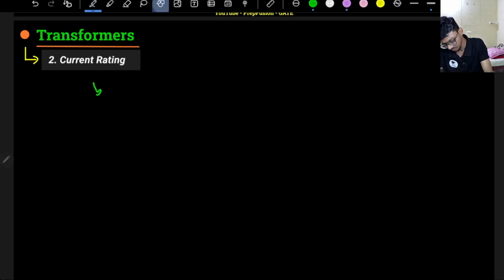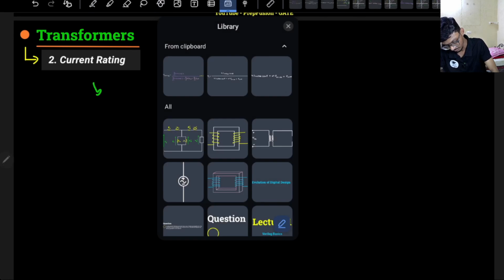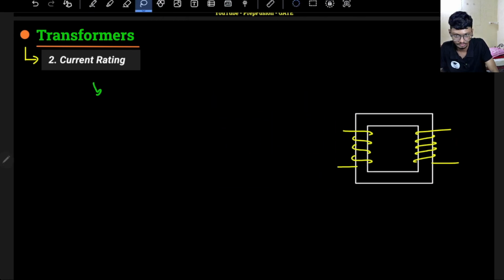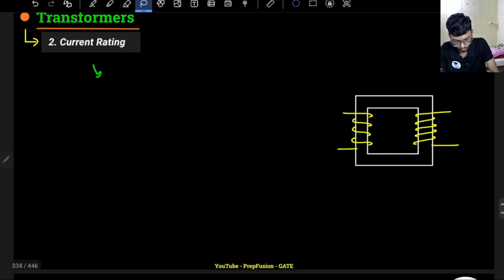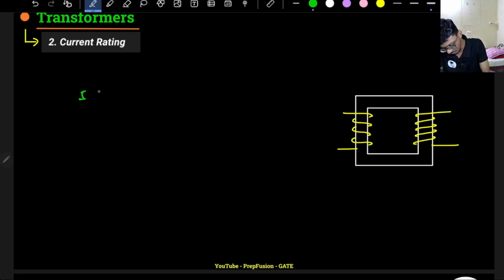There are a few terms here, I will explain. So my transformer is here. There is a limit to which the maximum current can flow. Every wire will have its current density rating, right?